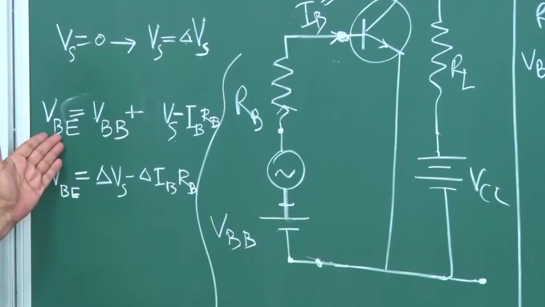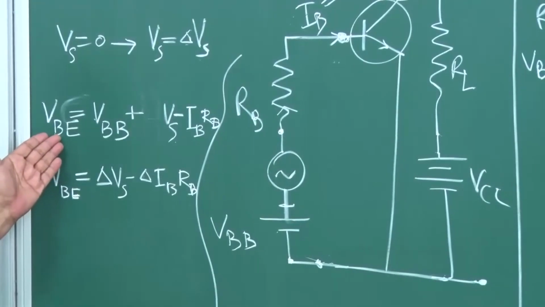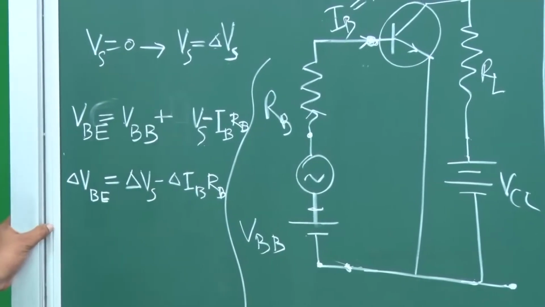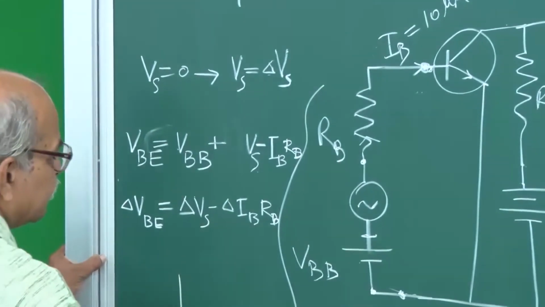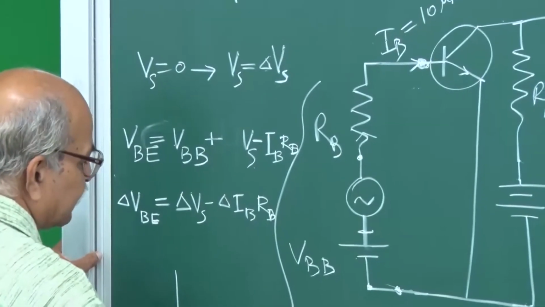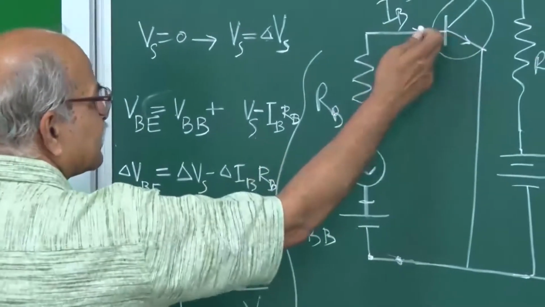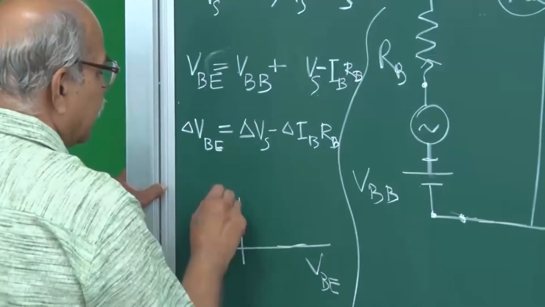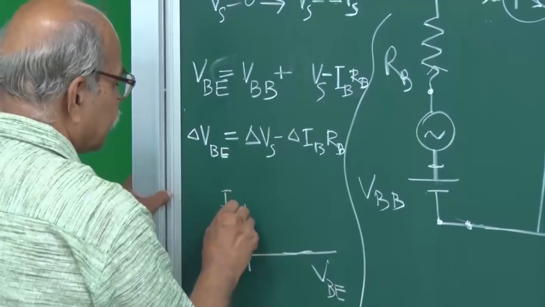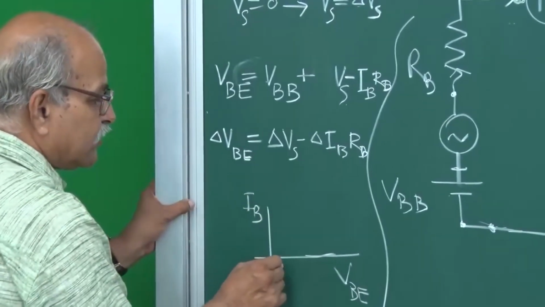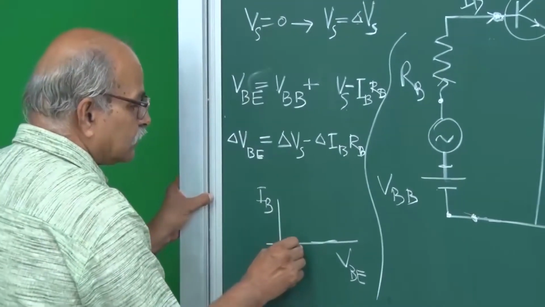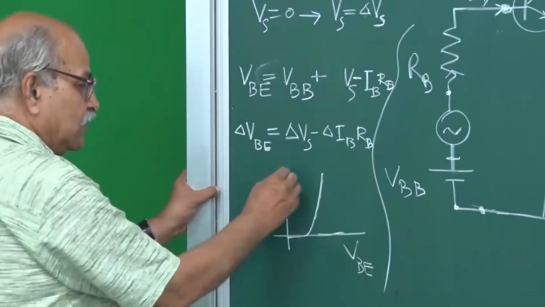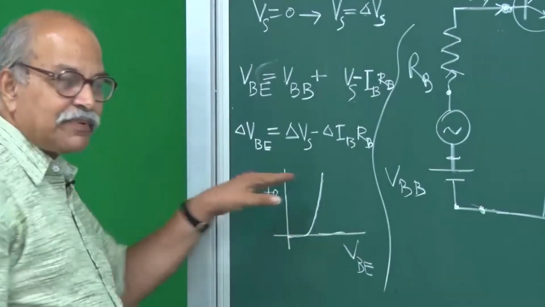Now this VBE you cannot really change much. Why? Because if you remember, the characteristic is of a PN junction, and in this case the base emitter junction, input characteristics with VBE here and IB here. It is just a PN junction with values of IB in the microampere range.